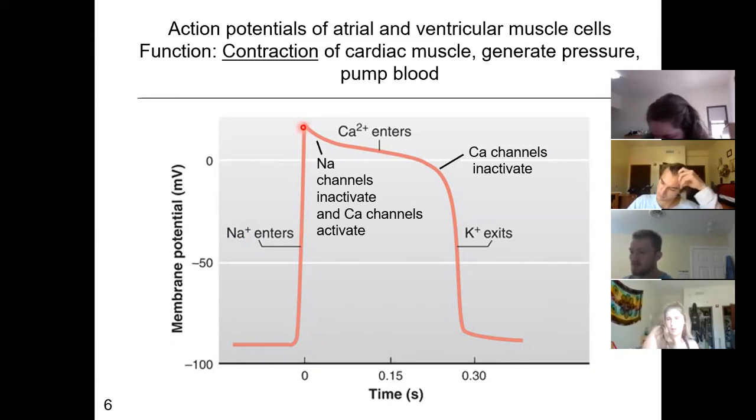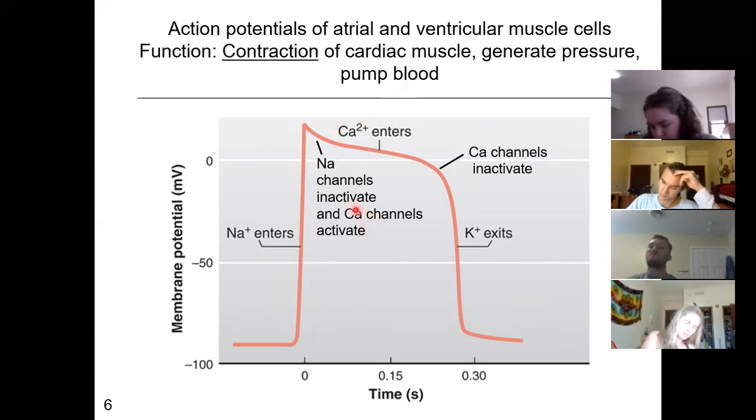Now in the heart muscle cell, just like in the nerve cell, the voltage-gated sodium channels inactivate. But now, like in the nodal cells, but unlike in nerve cells, there are voltage-gated calcium channels in these heart muscle cells.